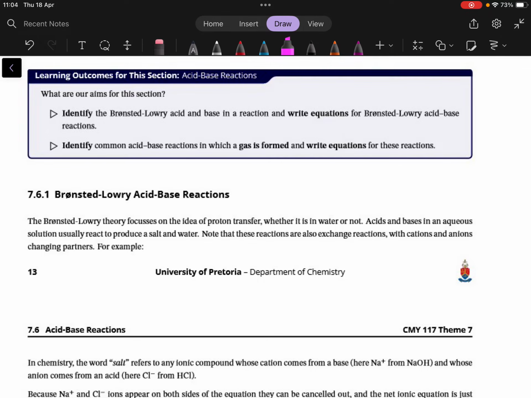So that is what you sort of memorize, hopefully have memorized by this point. But these reactions are, like I said, exchange reactions. In other words, we can look at an acid-base reaction as HCl, aqueous, reacting with sodium hydroxide, which is also in aqueous conditions, to form water and the salt.